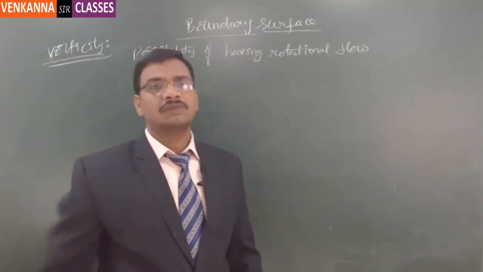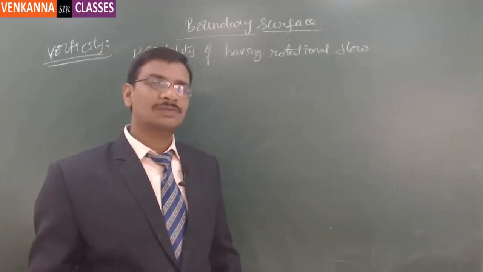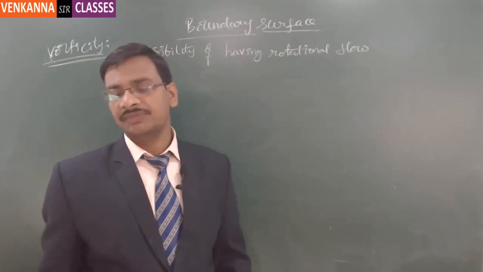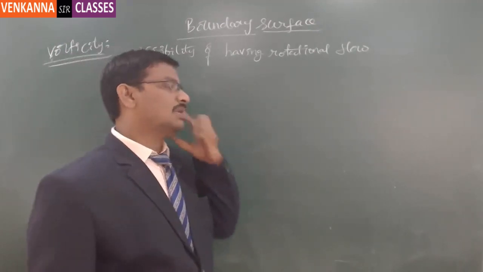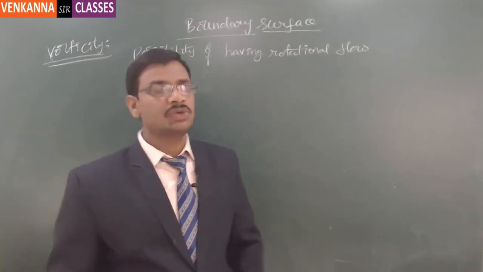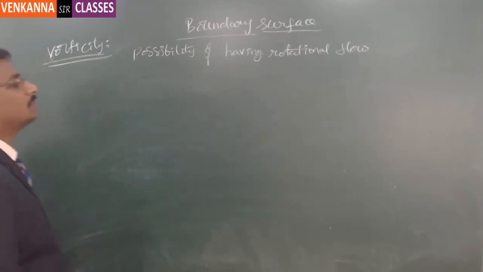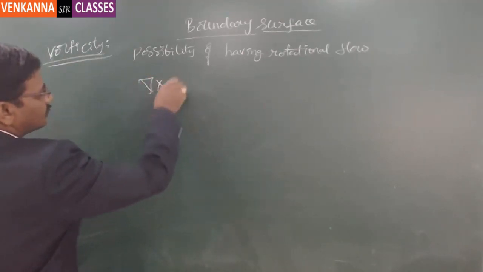One is the fluid can go in a linear manner, or the fluid can flow in a circular manner. Whether it is going in a circular manner or not can be identified based on the vorticity. The vorticity can be found from del cross q.